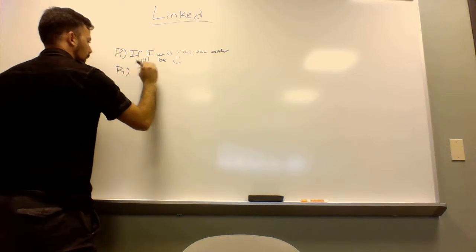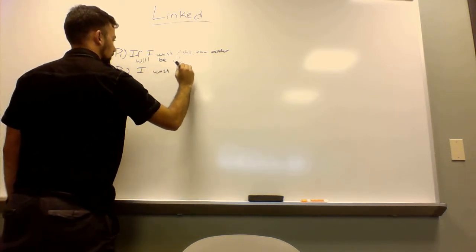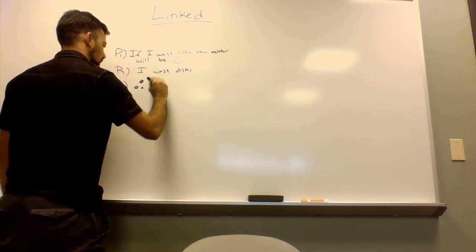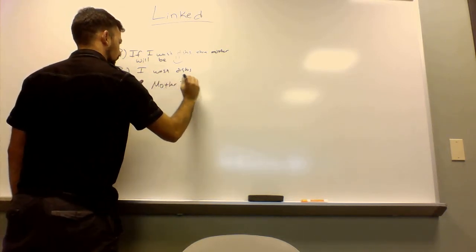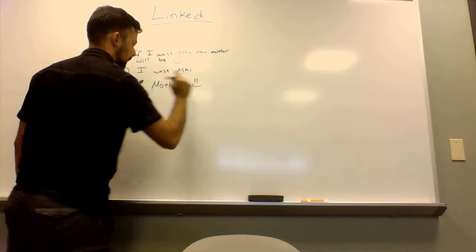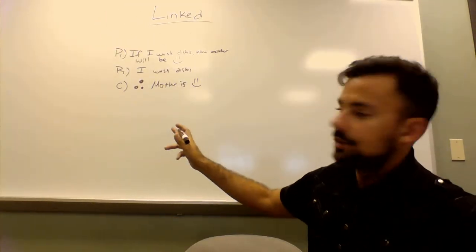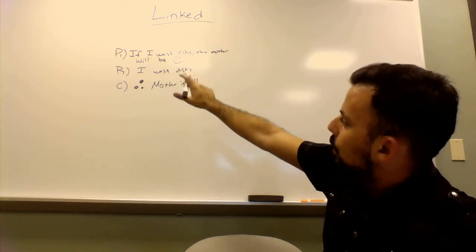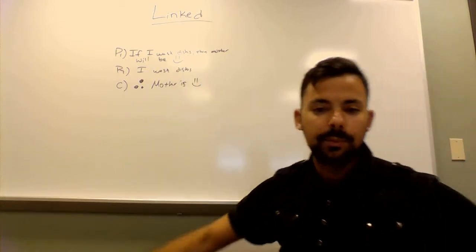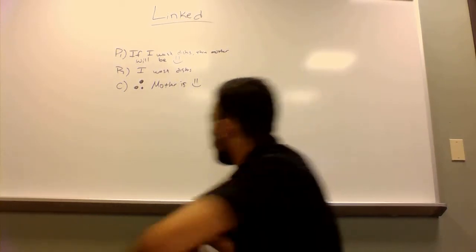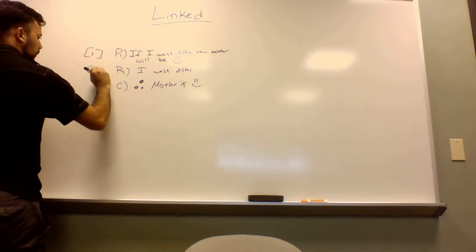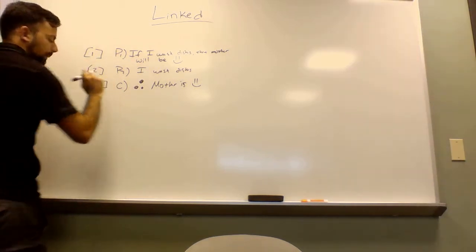P2, I wash dishes, therefore mother is happy, right? So this is a linked argument. Look at our premises. If I wash the dishes, then my mother will be happy. Premise 2, I wash the dishes. Conclusion, my mother is happy, right? And we could go ahead and number these: 1, 2, 3.